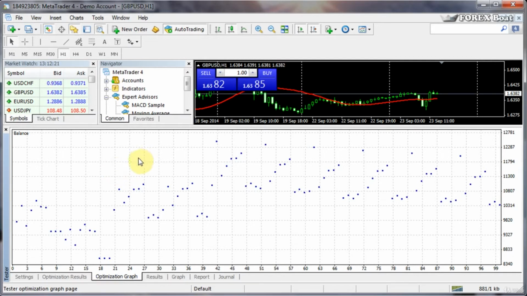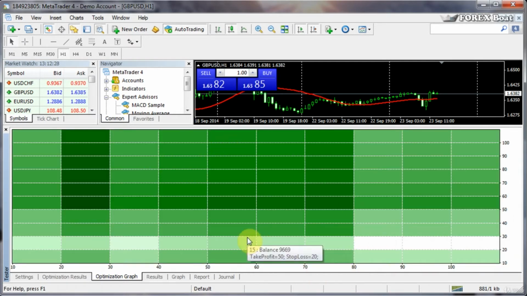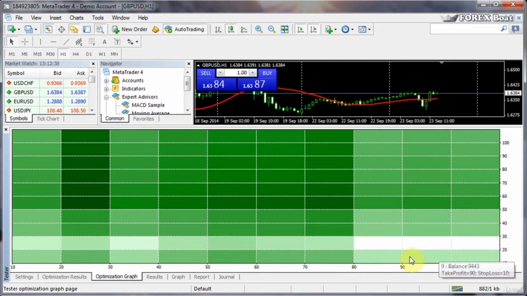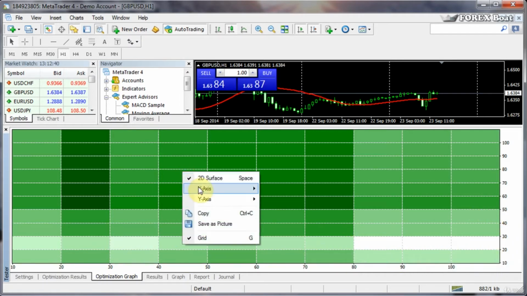If you right click on this chart and select 2D surface analysis, you will see something like this. What this does is it chooses two parameters from your optimization, in this case take profit and stop loss, and places them on the two axes. Right now on the x-axis you have take profit, on the y-axis you have stop loss.